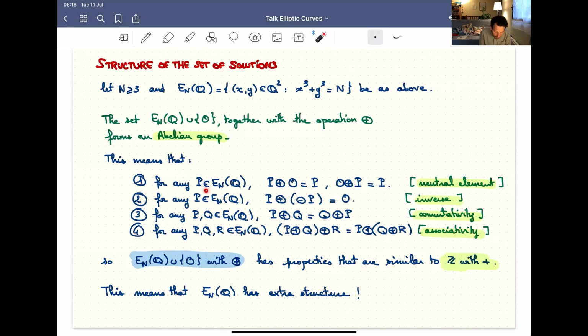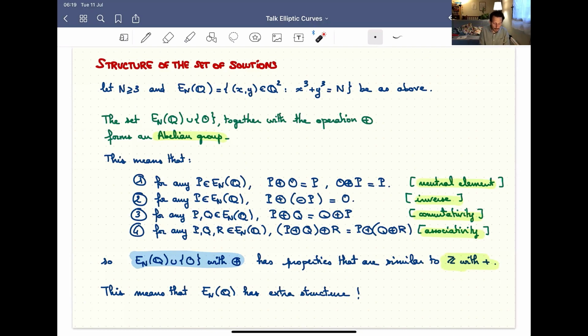First of all, if you have any point P on the curve and you add P with the point at infinity O using plus with a circle, then P plus O is equal to P, and O plus P is equal to P. Which means that if you add O to any point, it's just as if you didn't add anything.